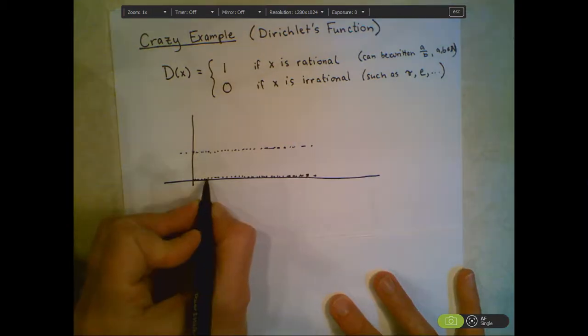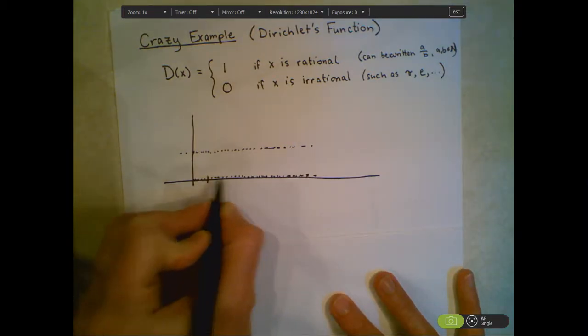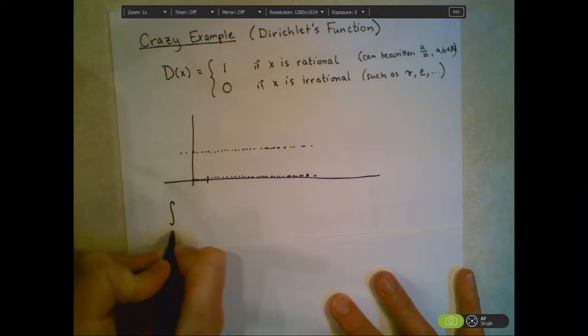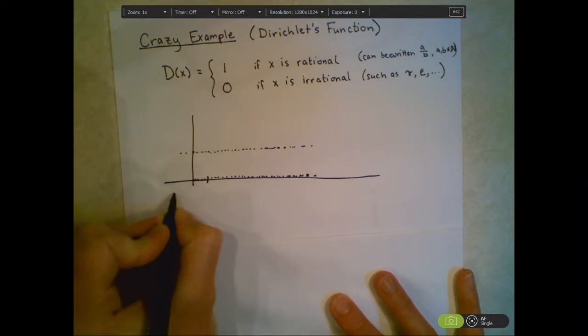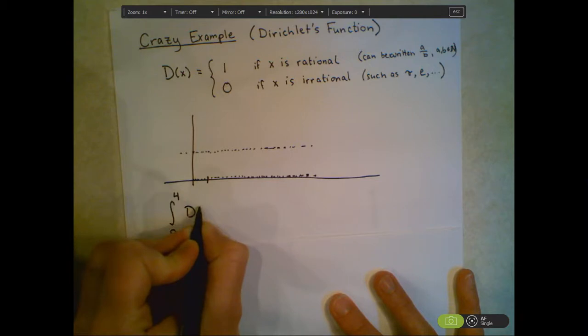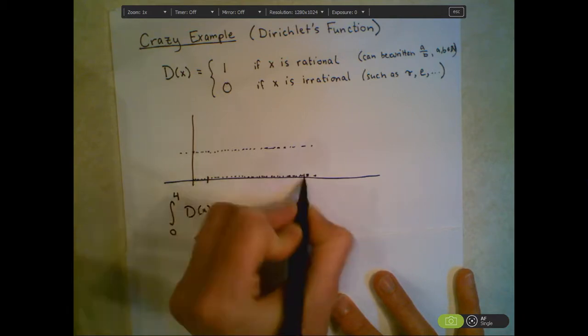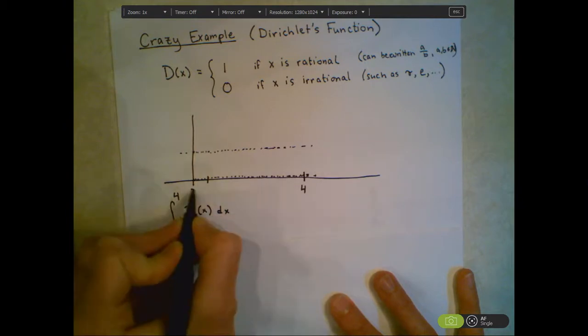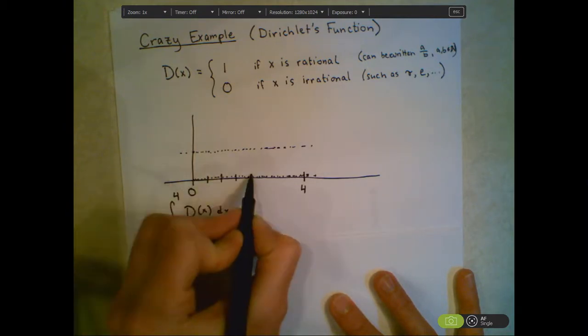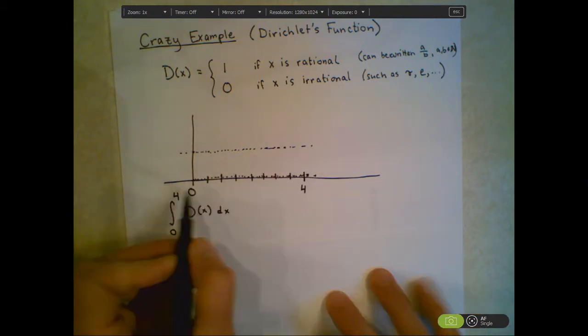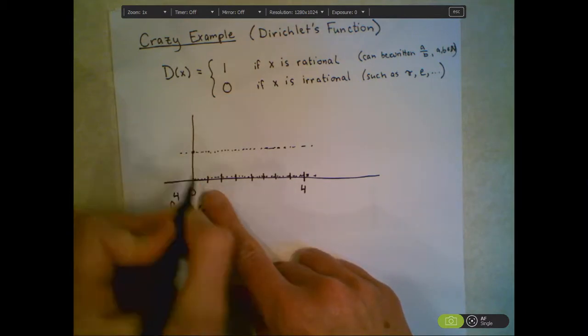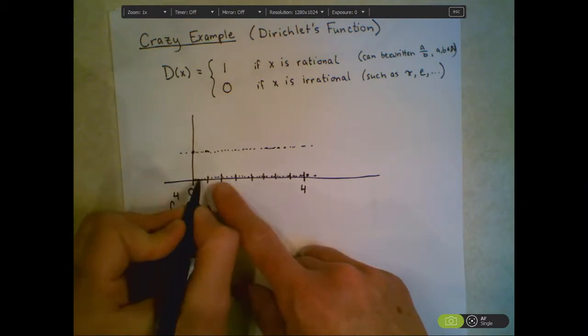Our definitions break down, because if I take the integral from 0 to 4 of this crazy Dirichlet function, so here's where b equals 4, and I break it up into these n intervals, it makes a big difference whether I choose the right endpoint or the left endpoint or the midpoint.